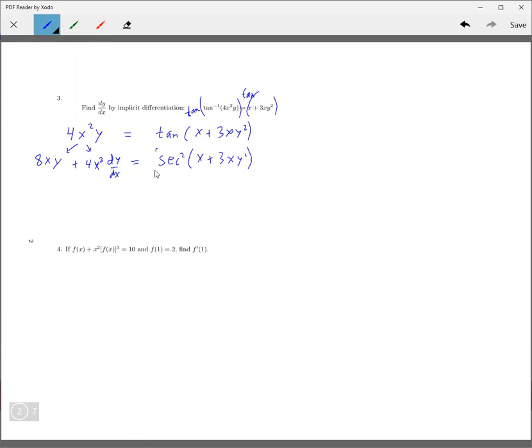But then that's going to be multiplied by the derivative of the inside part. The derivative of that is 1. For the derivative of this, you're going to use the product rule. So the derivative of 3x is 3 times y squared, plus 3x times the derivative of y squared, which is 2y, and then chain rule dy/dx.